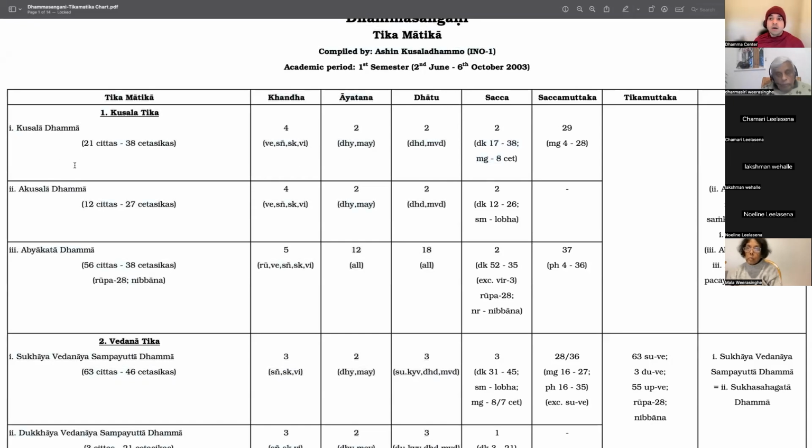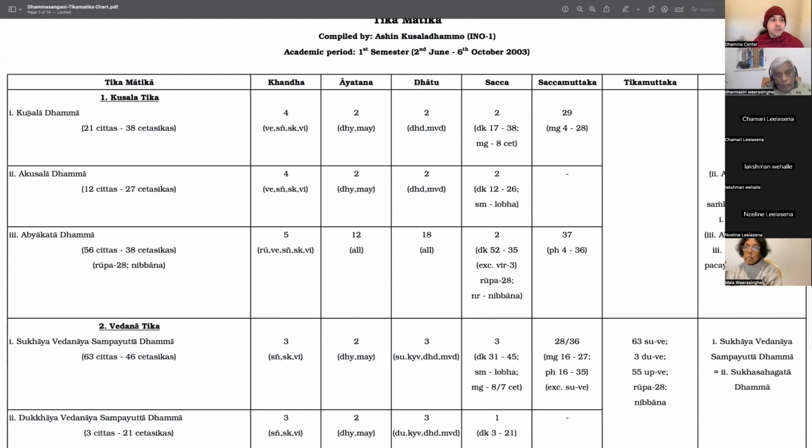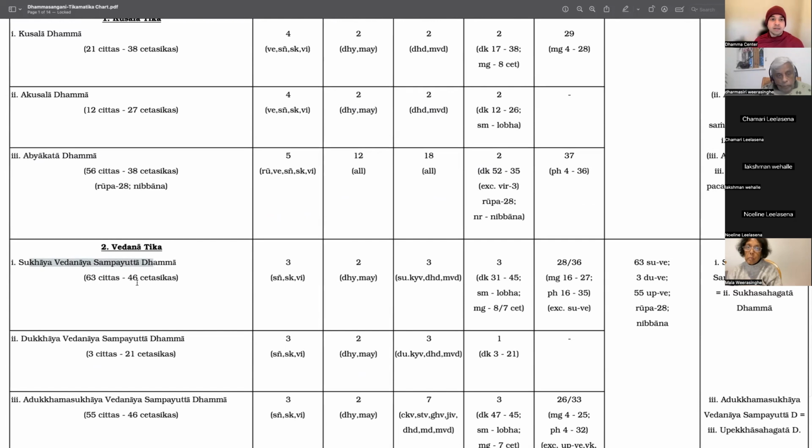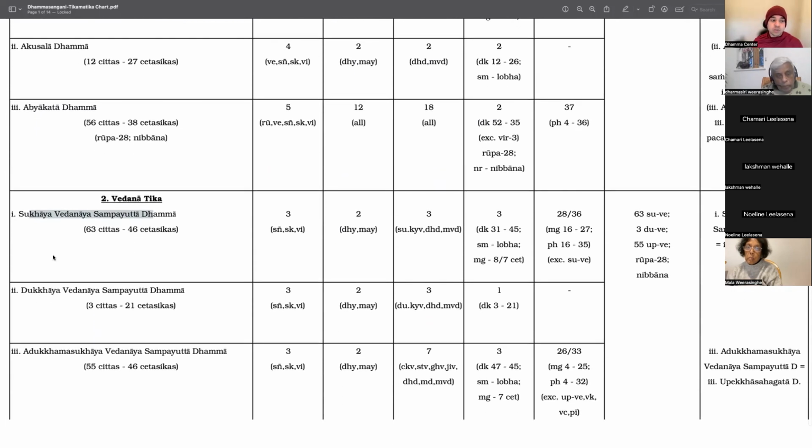Kusala Dhamma: 21 Chittas, 38 Chetasikas. What is Akusala Dhamma? What is Abhyakata Dhamma? What is Sukhaya Vedanaya Sampayutta Dhamma? You could explore those.